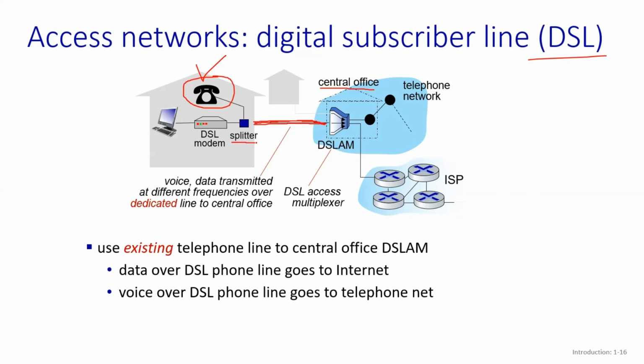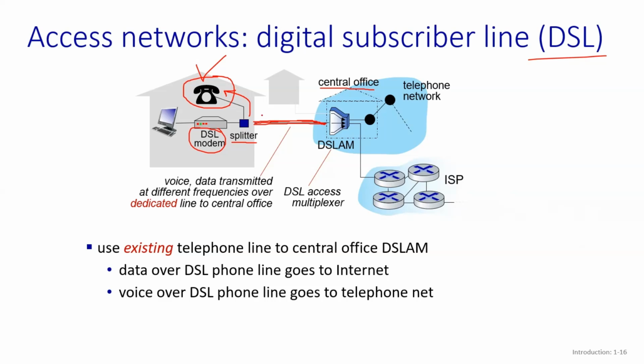The splitter splits the data and sends it to the DSL modem, whereas the analog signals are sent to the phone. It is the job of the splitter at a home to split the data from the analog signal, send the data to the DSL modem, and send the analog signals to the telephone.